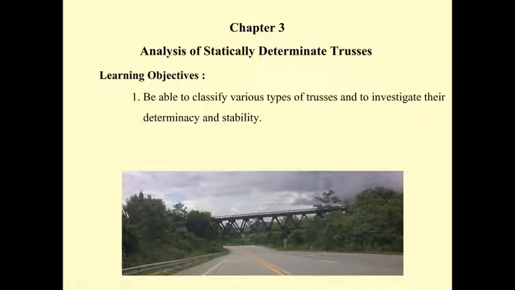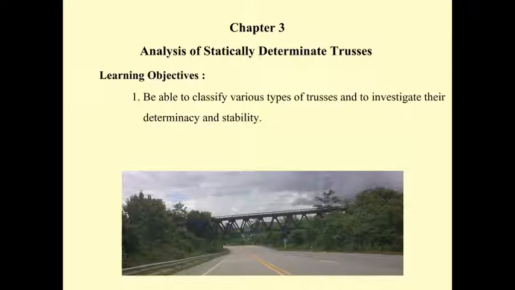Okay, chapter 3, analysis of statically determinate truss. We have two learning objectives in this chapter. One, be able to classify various types of truss. There are at least three types of truss: simple truss, compound truss, and complex truss.